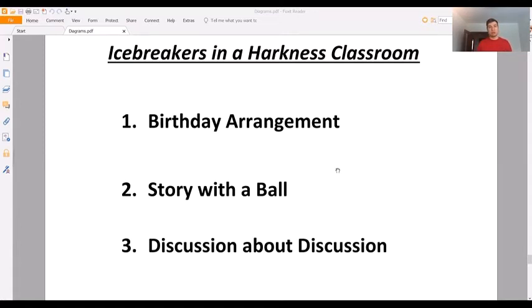And then the third one is a discussion about a discussion. And what I mean by that, there's two distinct questions that I like asking when we talk about discussion about discussion. There's two sides to this story. One of it is the question that goes something along the lines of what are some of the positive aspects about conducting a good, productive discussion.